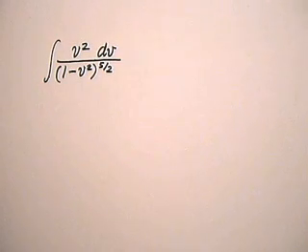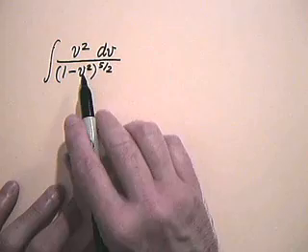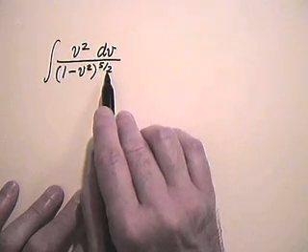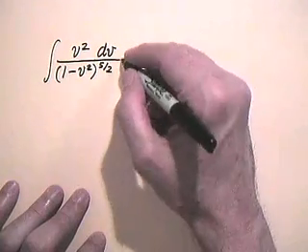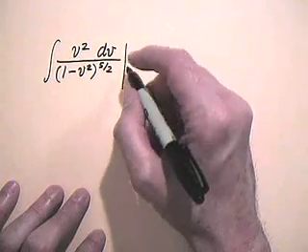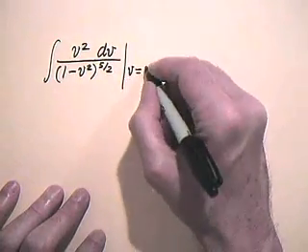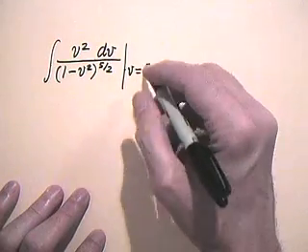Let's work an indefinite integral with the trigonometric substitution method. Here I have the indefinite integral of v squared divided by the quantity 1 minus v squared raised to the 5/2 power. So in effect, the 5/2 power is the radical 1 minus v squared raised to the 5th power, and so to simplify that, what I want to do is set v equal to sine of theta.